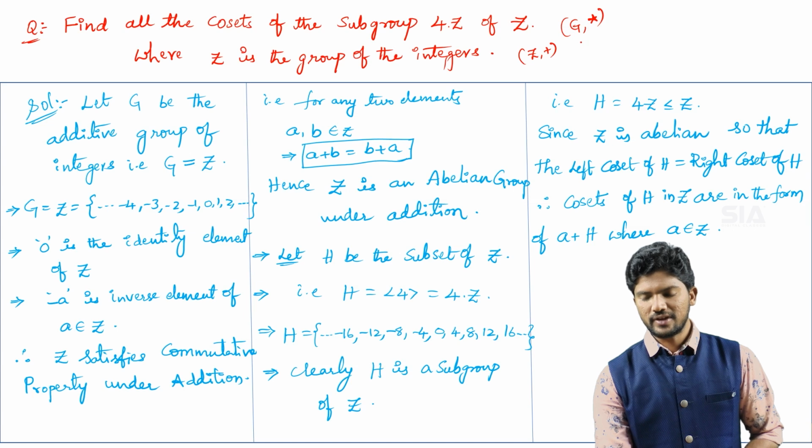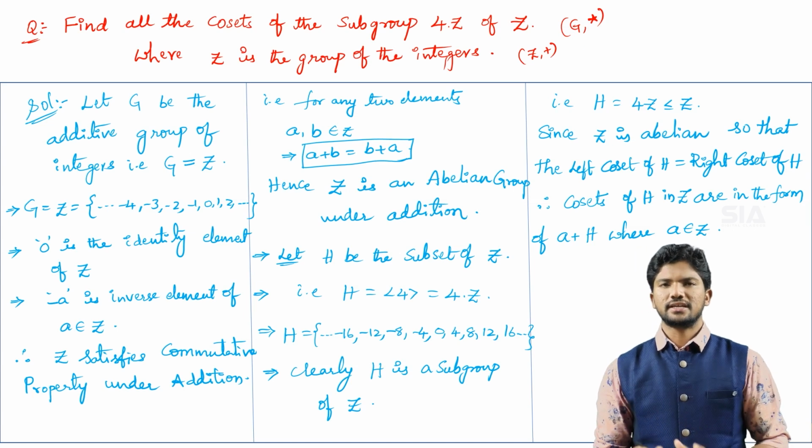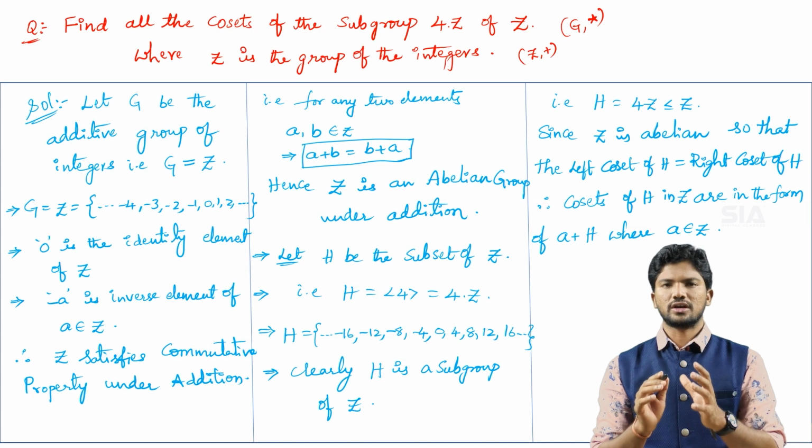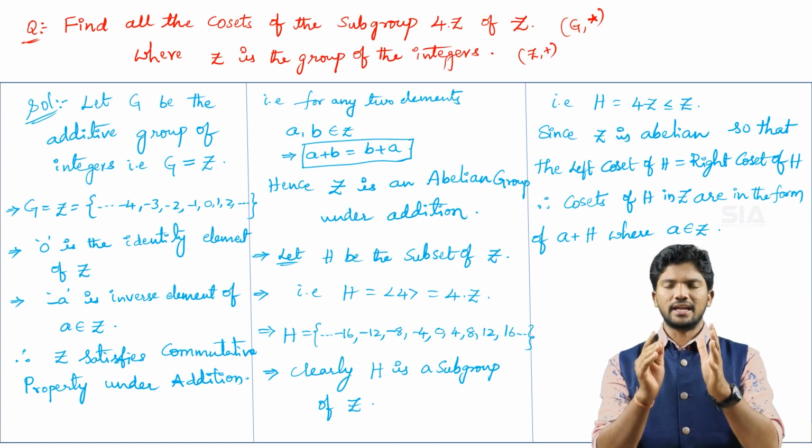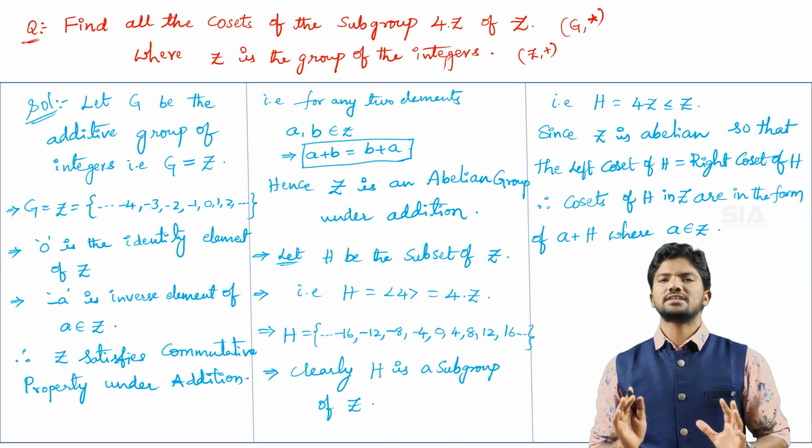Here, in place of capital G, we are taking the group of integers, and in place of the binary operation, we are taking addition. Whenever we are talking about the group of integers, you need to blindly remember that the operation is addition.